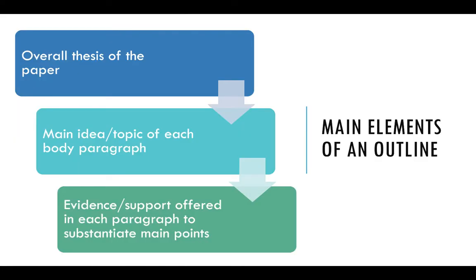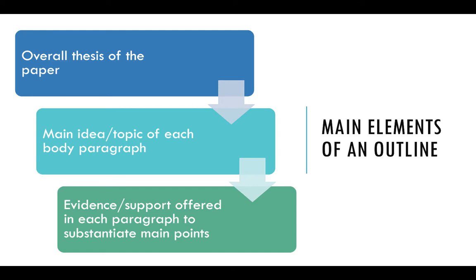So, main elements of an outline: you want to have your overall thesis of the paper up at the top, so that should be the first thing listed, and then you're going to break down all of your main ideas or topics of each body paragraph. Now, that's what you're going to be turning into me. You can go beyond that, and you can put your evidence or support for each one of the main points, each one of your body paragraphs.